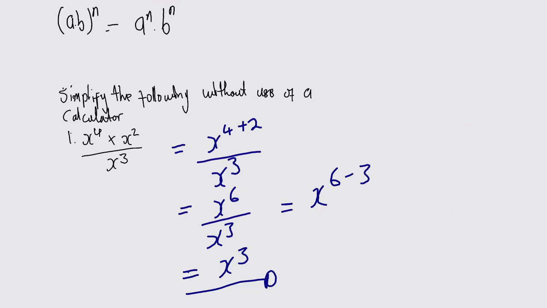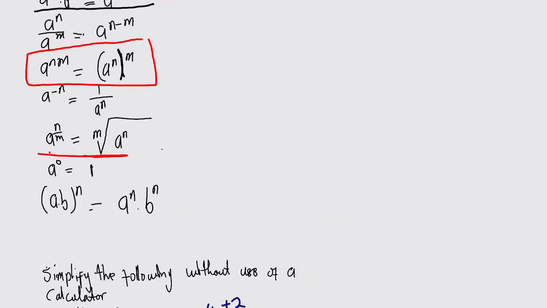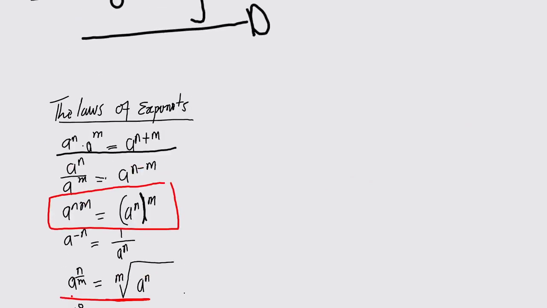So that is very simple. What I did, I just used the laws. This was my first law, and this was my second law. Then by that I was done. So you need to look at the question, see the laws that you can use, and just use them.